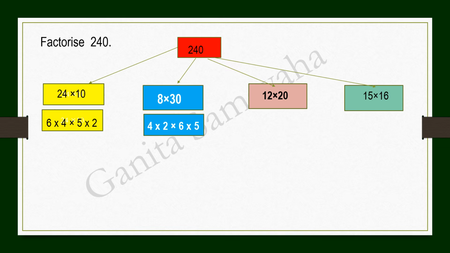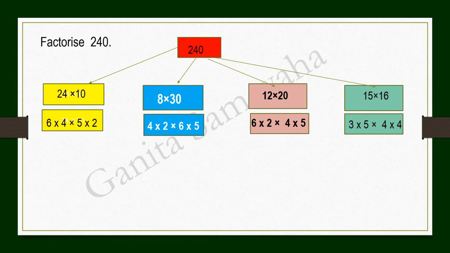Again 8 can be written as 4 into 2 and 30 can be written as 6 into 5. So also 12 can be written as 6 into 2 and 20 is written as 4 into 5. Similarly, we write 15 as 3 into 5 and 16 as 4 into 4.